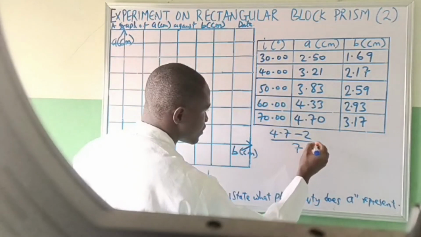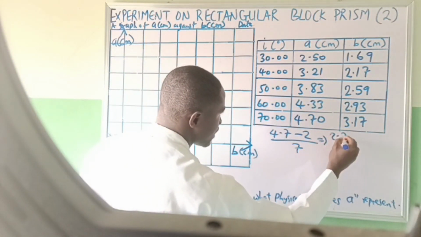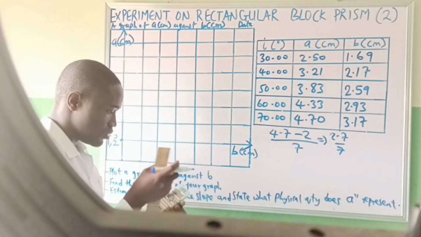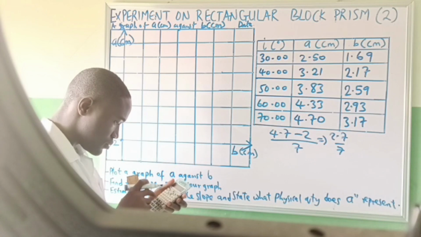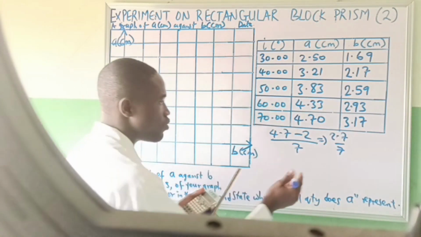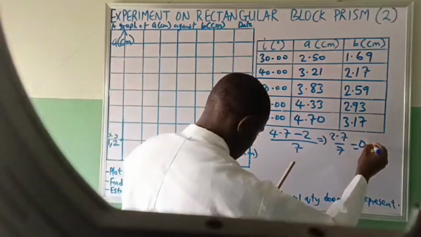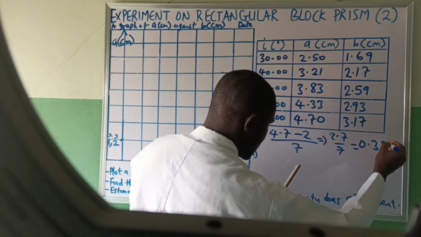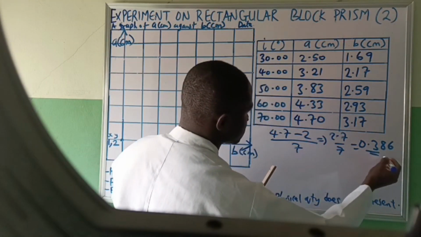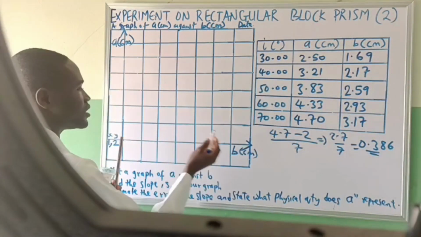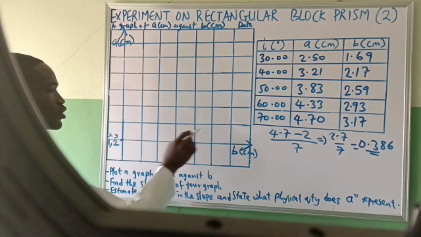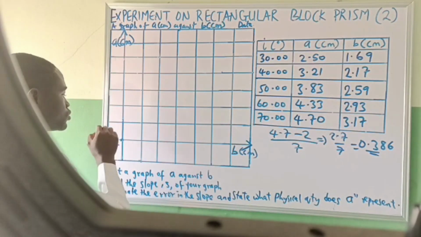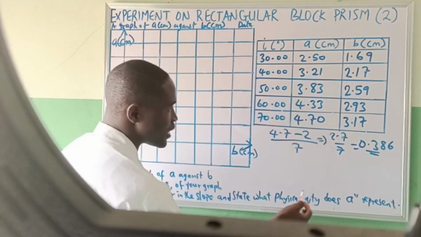Divided by 7. That will give me 2.7 over 7, which is 0.386 approximately.